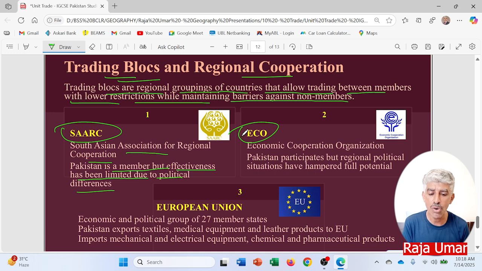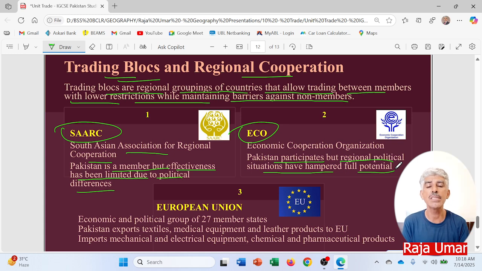ECO, Economic Cooperation Organization. Pakistan participates, but regional political situations have hampered full potential. Pakistan was the founding member of this one. This was RCD, Regional Cooperation for Development, previously in 1964, which was revived as ECO in 1984 between Pakistan, Iran, and Turkey.